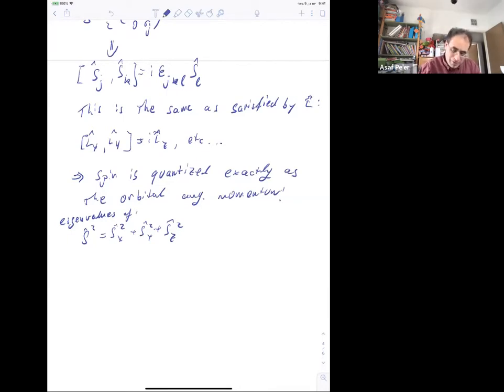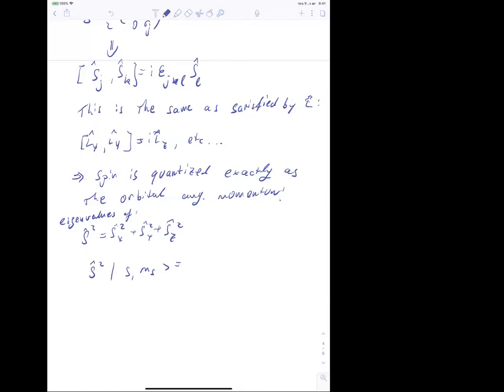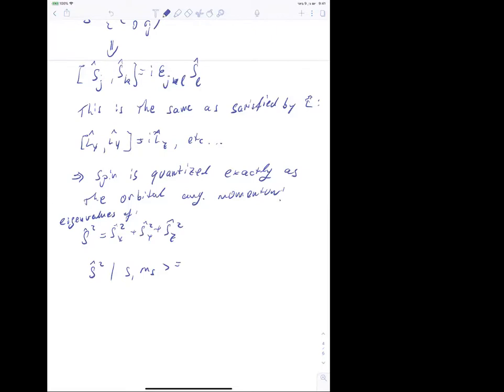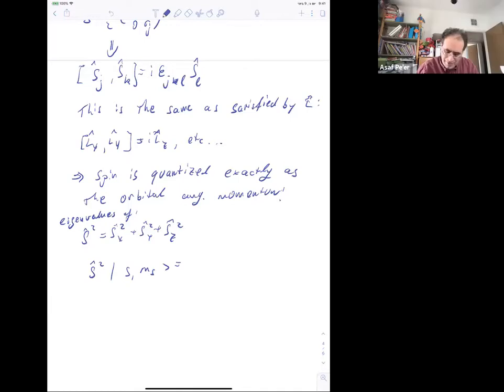But S squared acting on S and MS, what is that going to be equal to? S(S+1), right? S is some non-negative integer, it can be 0, of course. So it's S(S+1) times S, MS. Right?